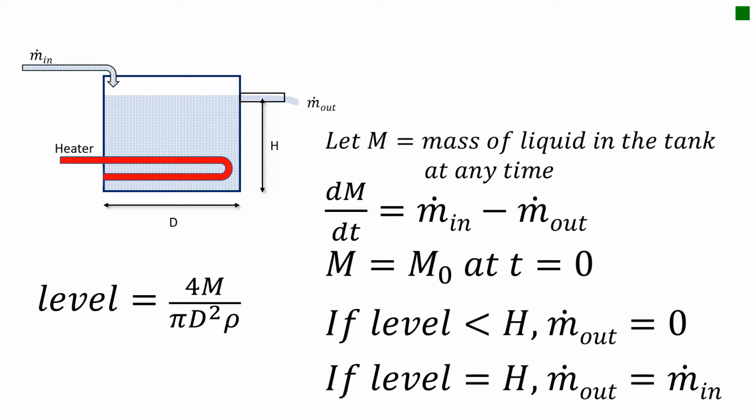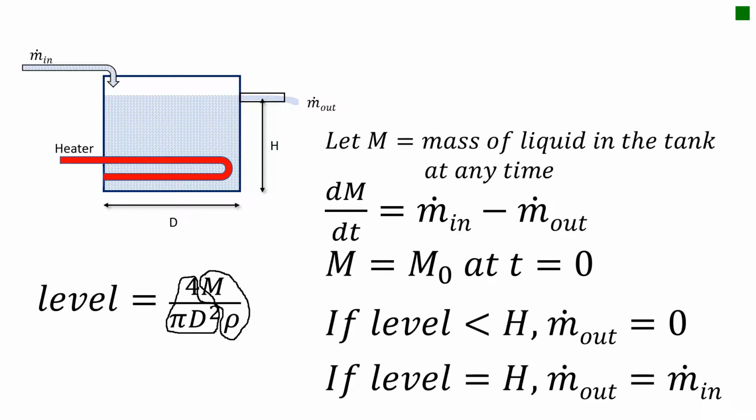So how do we calculate the level in the tank? That's just given by the mass of the liquid in the tank divided by the fluid density and divided by the cross-sectional area. So the volume in my tank is capital M over rho, and the area of my tank is pi D squared over 4.